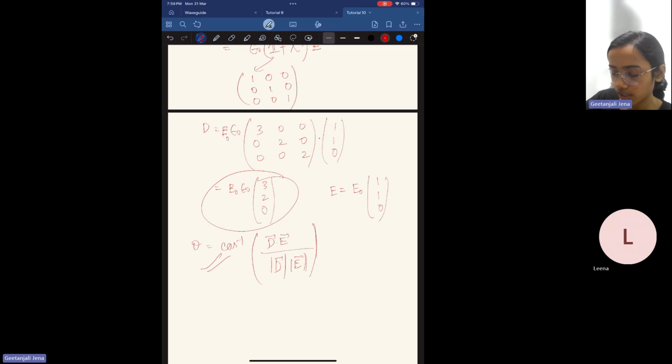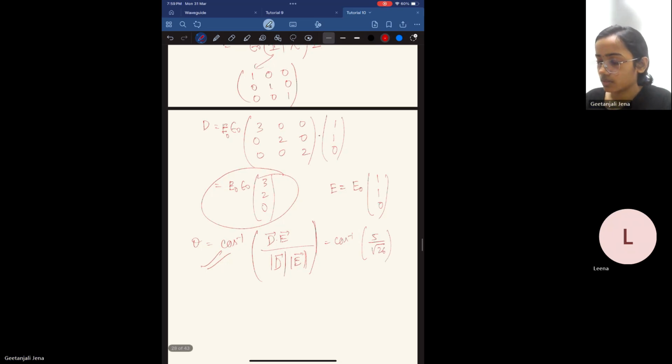I'm just writing out the answer. I think you can easily calculate it. This will come around cos inverse of 5 by root 26, which is around 11 degrees. Let me know whether you are getting the answer or not.